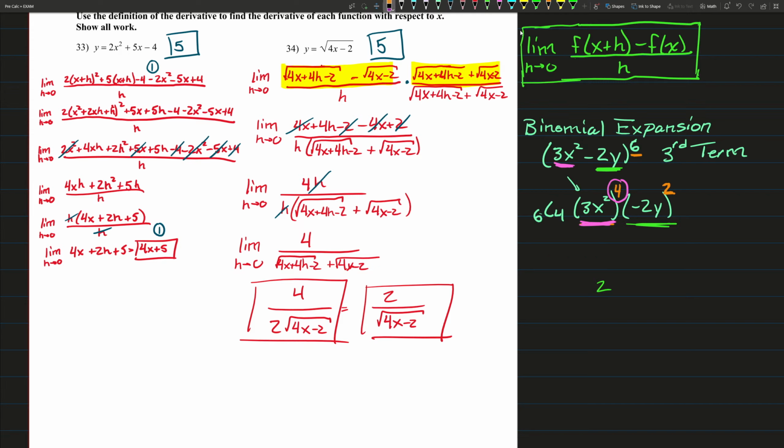The rest is just you trying to do 6 choose 4, really. So 6 factorial over 6 minus 4 factorial times 4 factorial. So it's 6 times 5 over 2, just 15. I think that's right. Yeah.